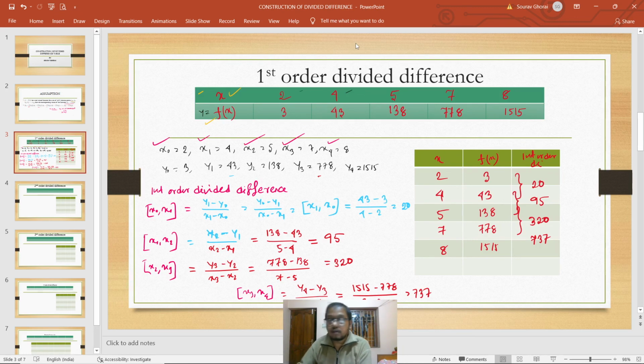So I hope you understand how to find the first order divided difference table. Secondly, we consider these values again for the second order divided difference table.